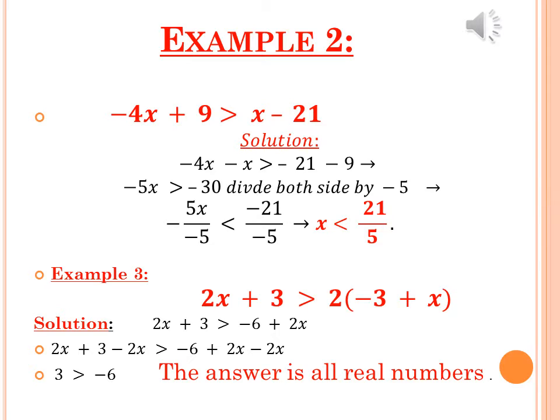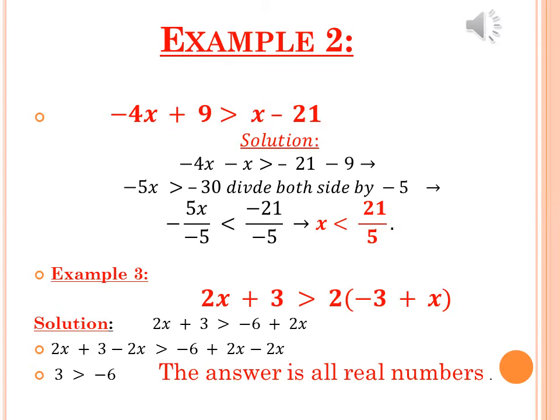We can add negative 2x to both sides. So 2x plus 3 minus 2x greater than minus 6 plus 2x minus 2x. We cancel 2x from right and from left. We get 3 greater than negative 6.